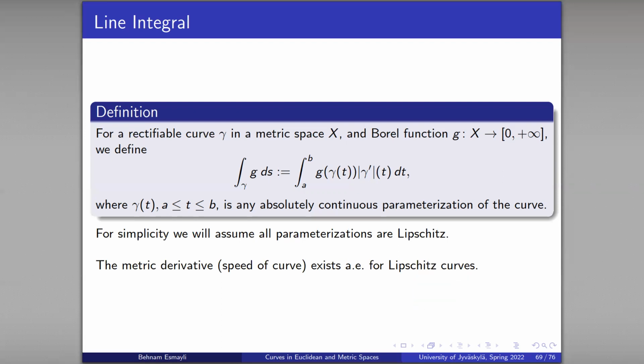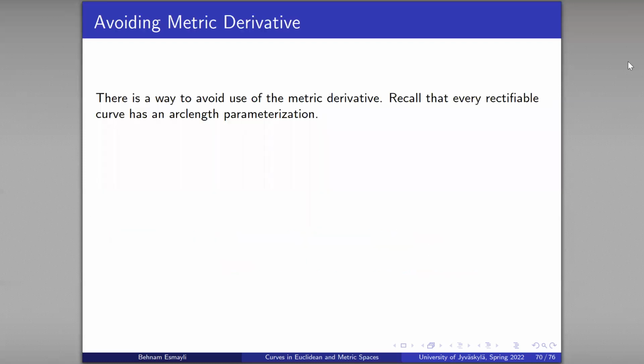But we have mentioned this many times, and we have done 2 videos actually on the subject, that even if you are mapping into a very arbitrary metric space with no linear structure, you can still make sense of the speed of a curve. And it's well defined almost everywhere, which is enough for us to integrate that. Okay, that's our definition of line integrals.